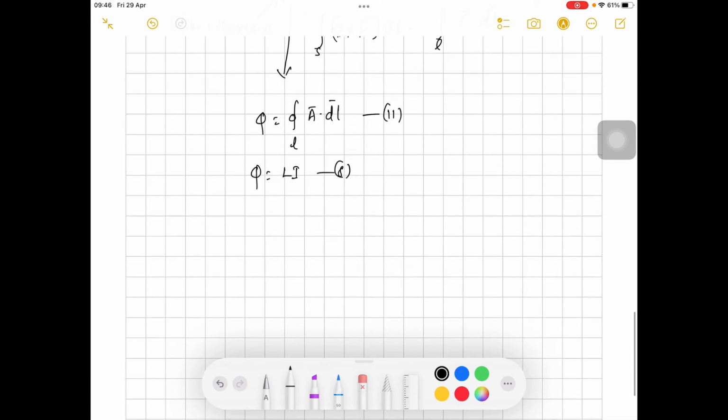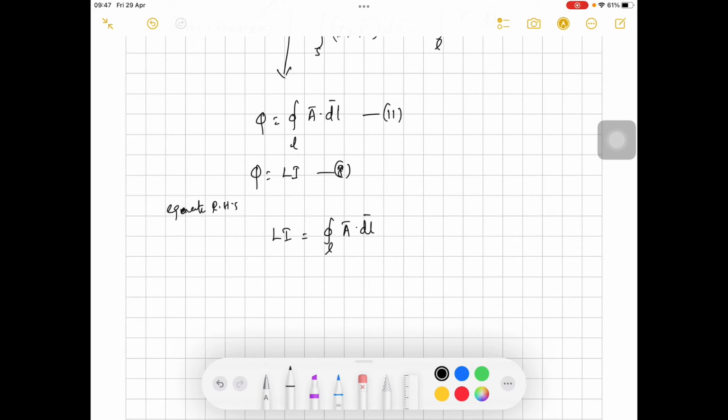So since for equation number 8 and equation number 11 both left hand sides are equal, which is magnetic flux phi, we can equate the right hand sides. Equate the RHS of both equations, then you can write Li is equal to closed line integral A dot dl.